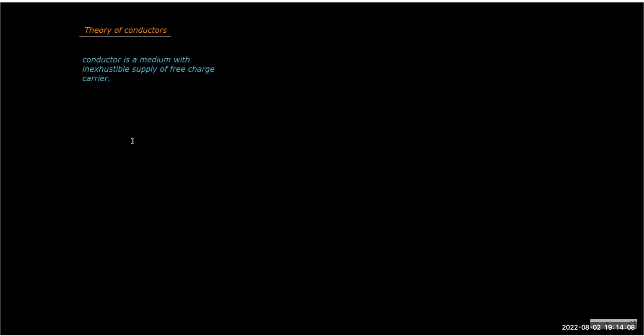We'll try to explore what is that extra power that you get owing to the free charge carrier. So let me put into words what a conductor is. A conductor is a medium with an inexhaustible supply of free charge carriers. Electron is a charge carrier. Electron is not charge itself. Electron is matter which carries charge and mass both.